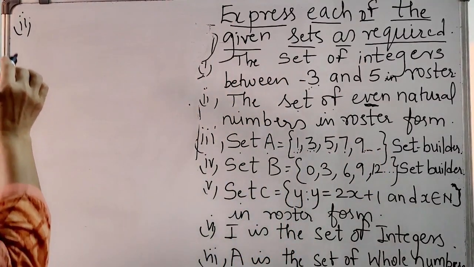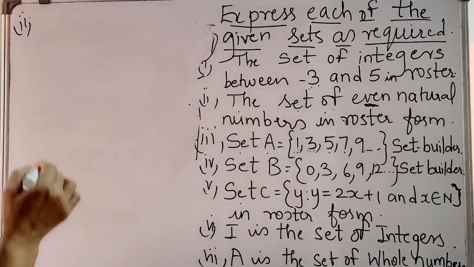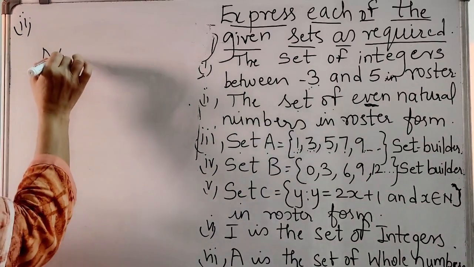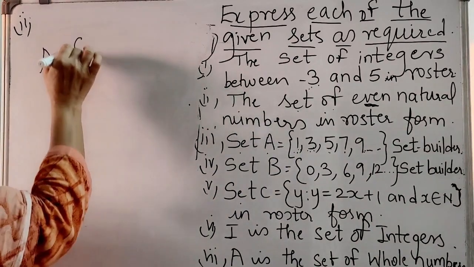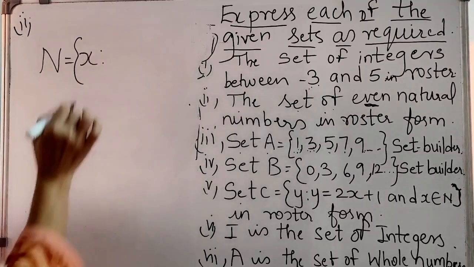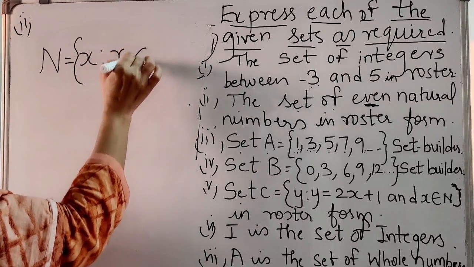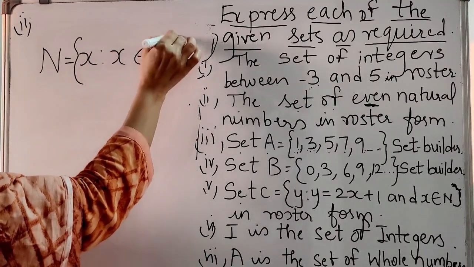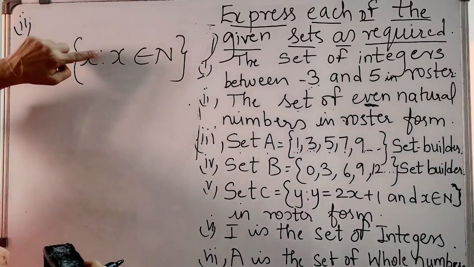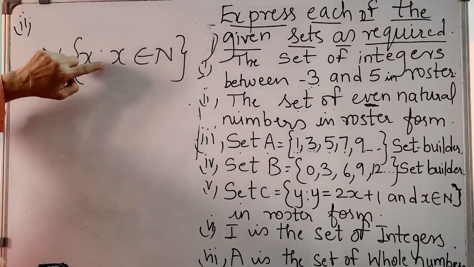So in the set builder form, you have to write that it's the natural number, x, such that x belongs to the natural numbers. This sign, the two dots, means "such that".